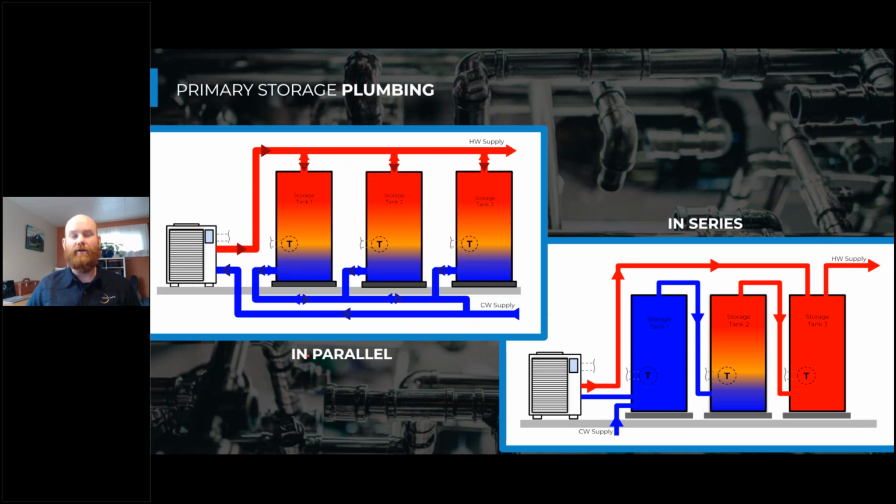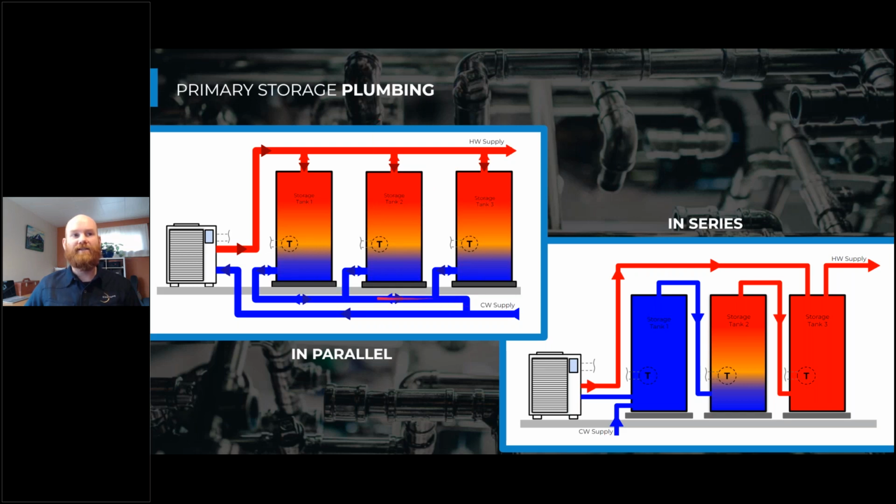In parallel, you want to make sure your flow is balanced, because now you have 3 flow paths through the tanks. So if one flow path has low pressure drop and another has a high pressure drop, you're going to get a lot of flow through that low pressure drop circuit and very little through the high pressure drop circuit.